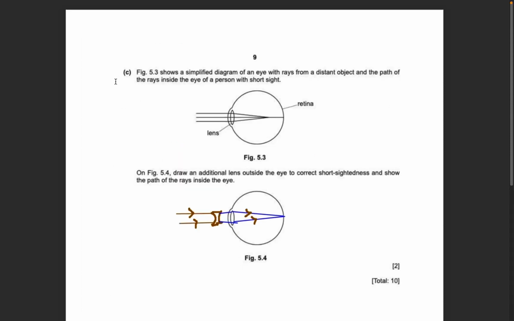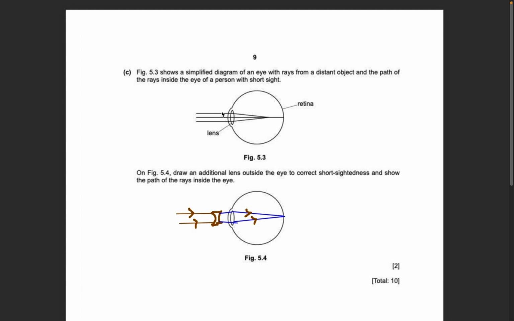C. Figure 5.3 shows a simplified diagram of an eye with rays from a distant object and the path of the rays inside the eye of a person with short sight. On figure 5.4, draw the additional lens outside the eye to correct short-sightedness and show the path of the rays inside the eye. Here we have short sight. So we have to use what? A type of lens so the light rays will be collected on the retina.